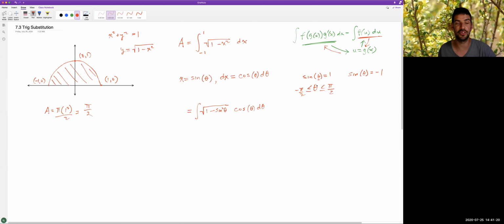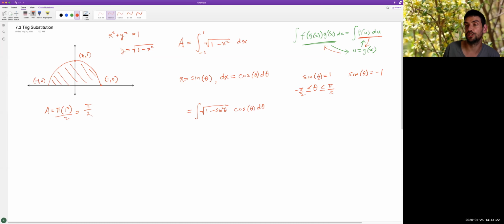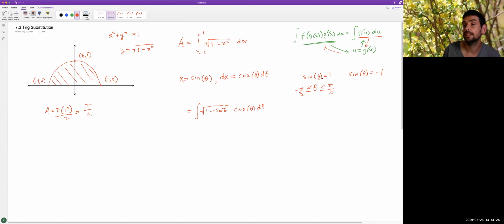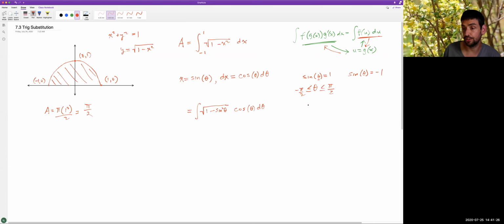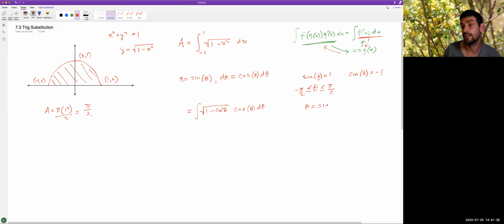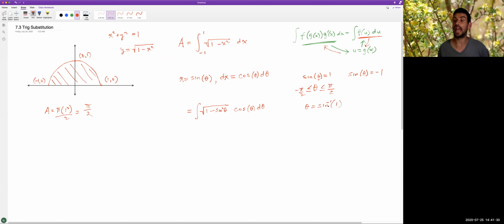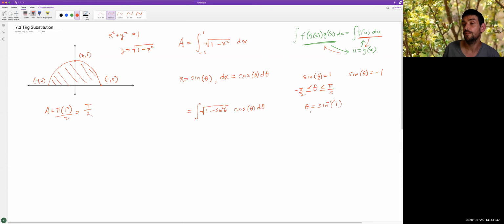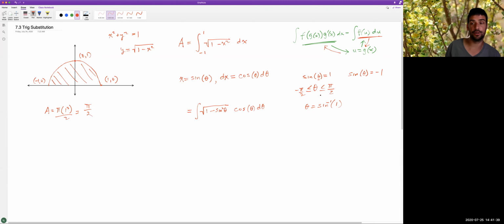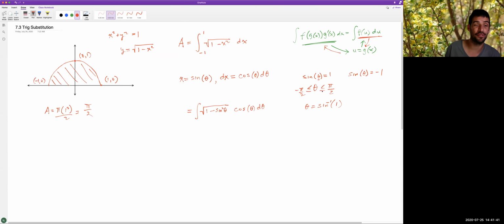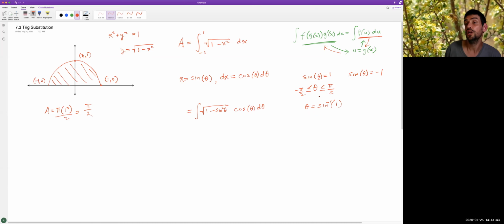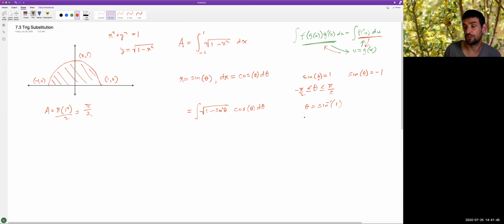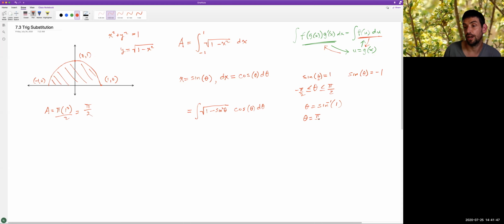We're going to use the restriction, though, that theta has to be between negative pi over 2 and pi over 2. This is the typical restriction on sine to give it an inverse. So the inverse sine of 1, even though there's an infinite number of thetas that give us a sine of 1, when we do the restriction, is pi over 2.